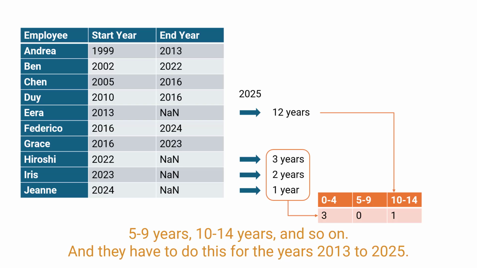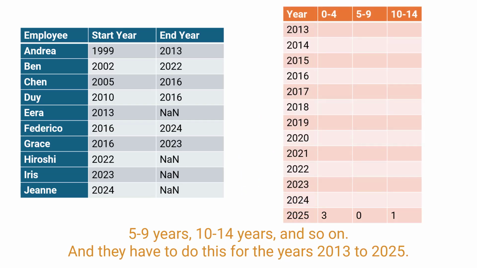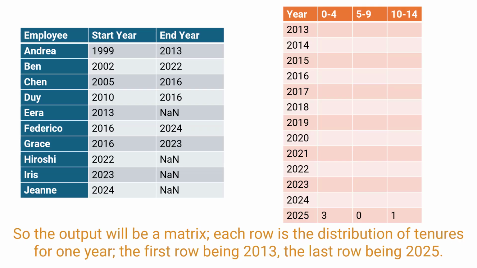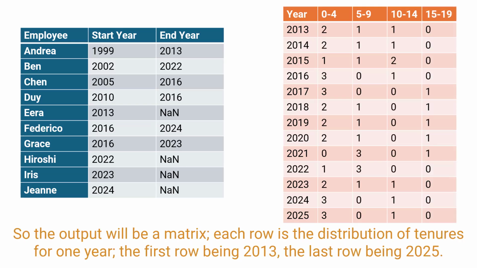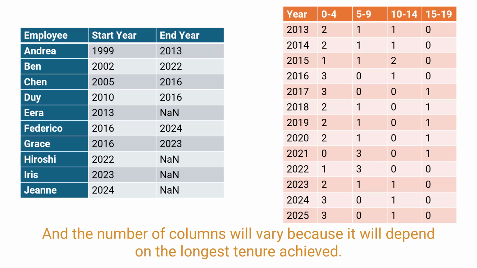And they have to do this for the years 2013 to 2025. So the output will be a matrix. Each row is the distribution of tenures for 1 year, the first row being 2013, the last row being 2025. And the number of columns will vary because it'll depend on the longest tenure achieved.